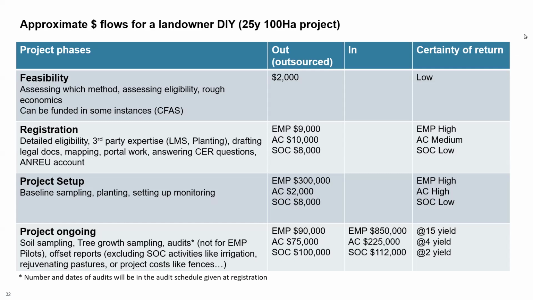Now, if you do the calculation yourself, you'll see that it doesn't correspond to 100 hectares times 15 yields multiplied by $30. Don't forget, and never forget, the interesting 25% discount that is imposed by the CER. So you have your 15 yield, but in fact you're actually getting in ACCUs 75% of that, right? So that makes a big difference in cost.